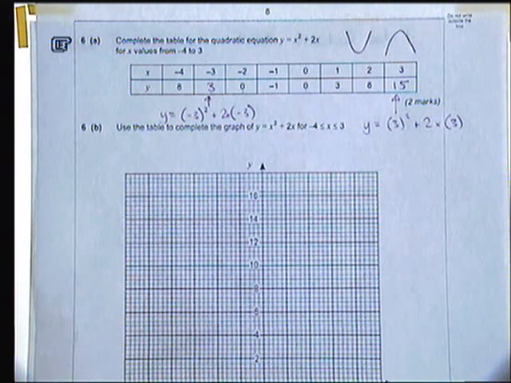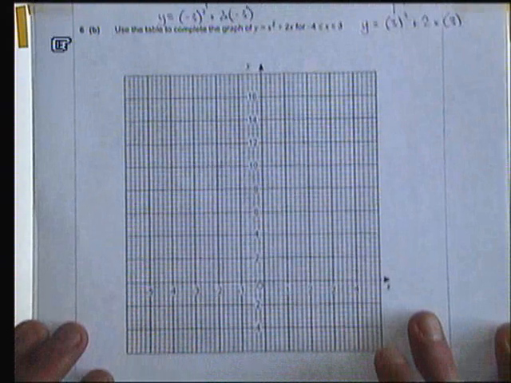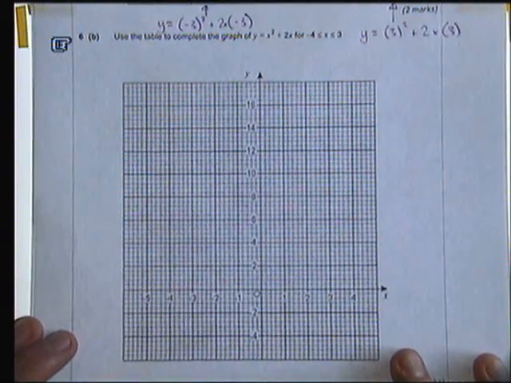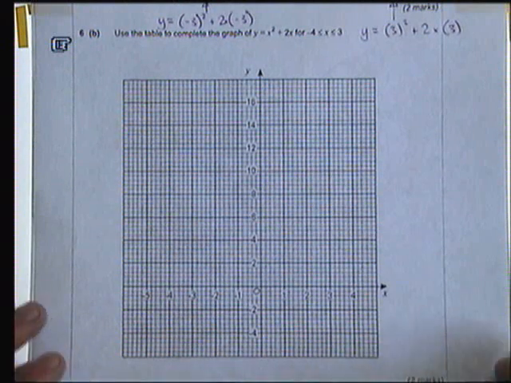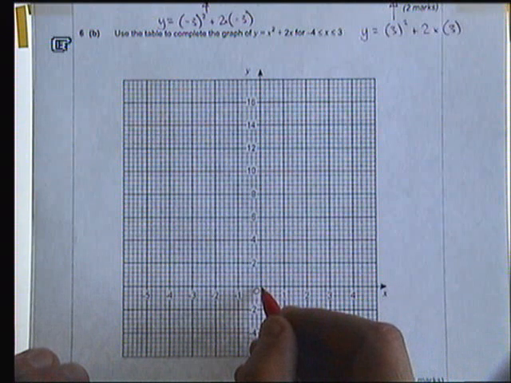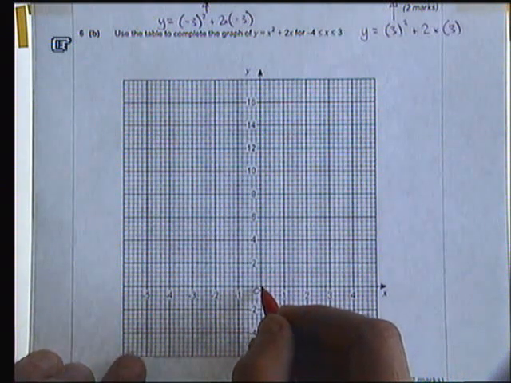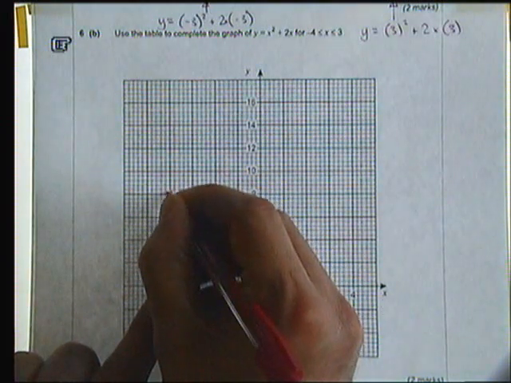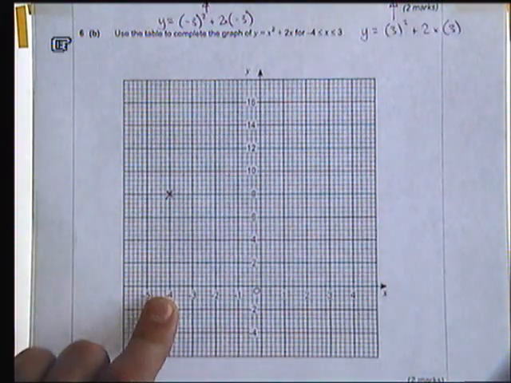The second part of the question asks us then to plot those points. So all you need to do for this bit is simply use the numbers from the table above to plot the points. So the first one says x is -4 and y is 8. So we're going to go along to -4 and up to 8 and put a cross.